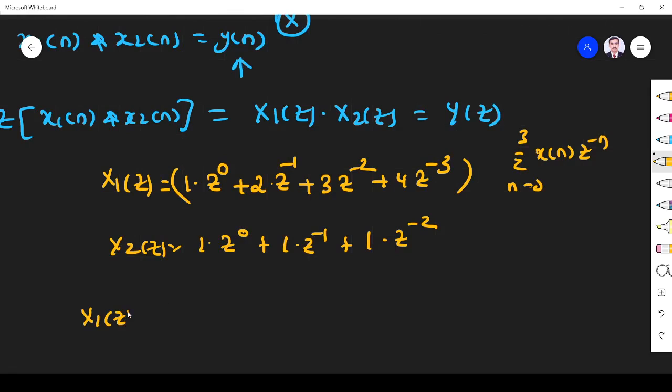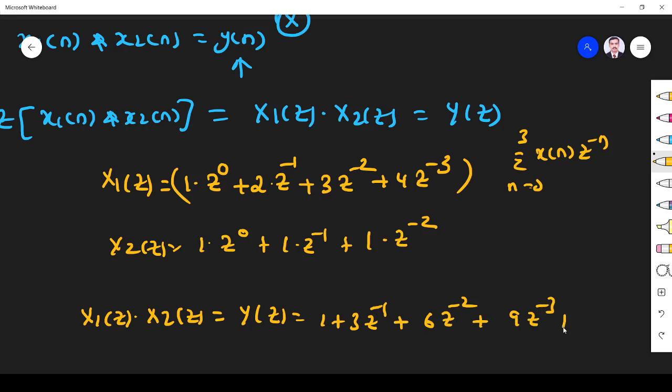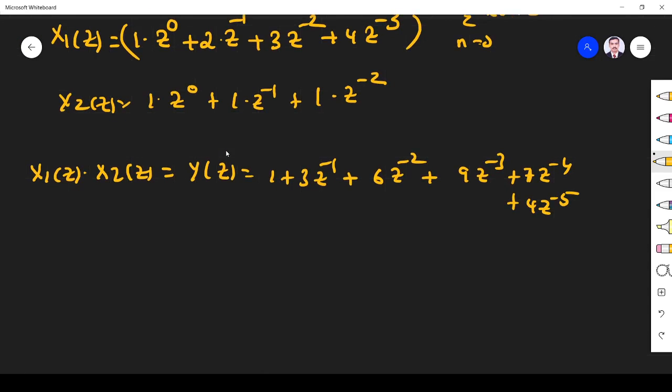If you multiply, what you get is y of z, equal to 1 plus 3 z power minus 1 plus 6 z power minus 2 plus 9 z power minus 3 plus 7 z power minus 4 plus 4 z power minus 5. But what I want is y of n.